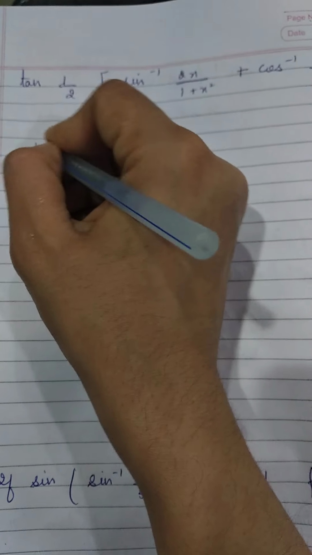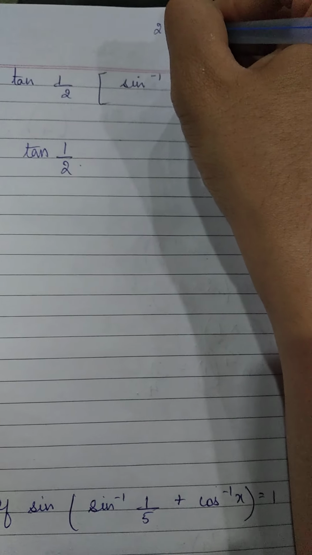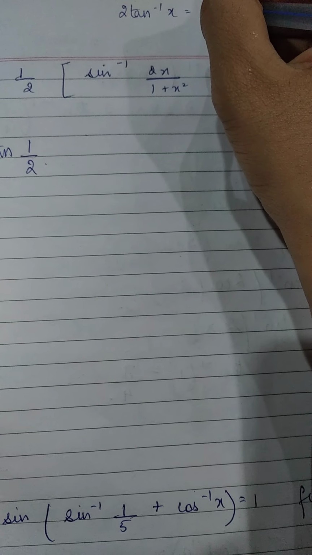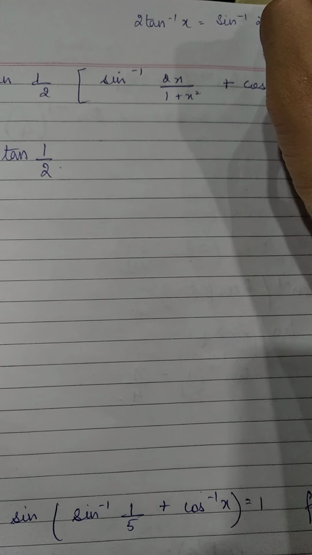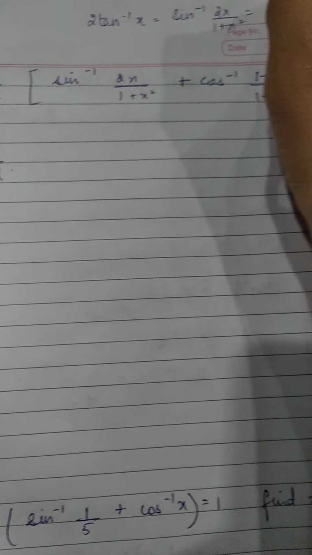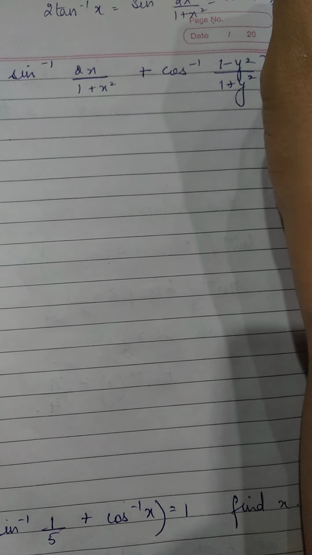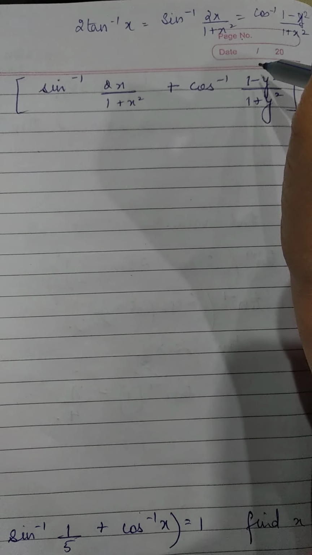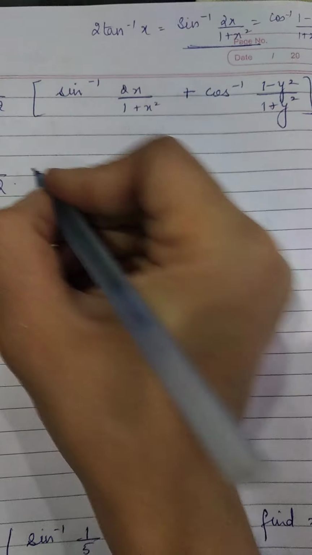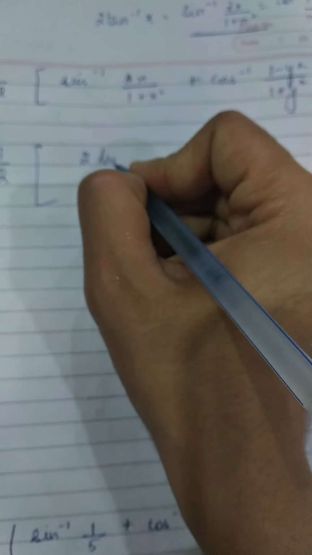Simply if we go by the initial formulas, remember where we had represented 2 tan inverse x by 3 formulas, either sin inverse 2x upon 1 plus x square, which is also equal to cos inverse 1 minus x square upon 1 plus x square, or it can be tan inverse 2x upon 1 minus x square. So directly, instead of the sin inverse 2x upon 1 plus x square, I can write 2 tan inverse x.